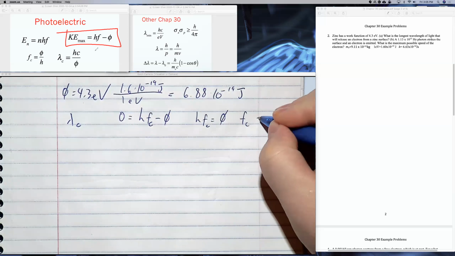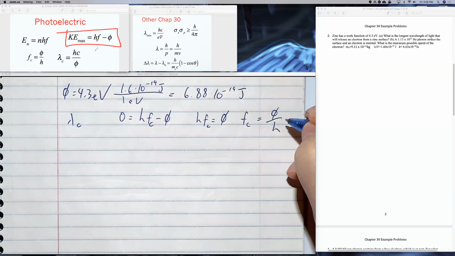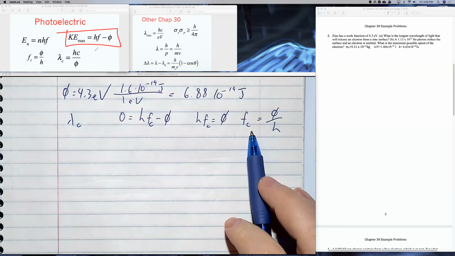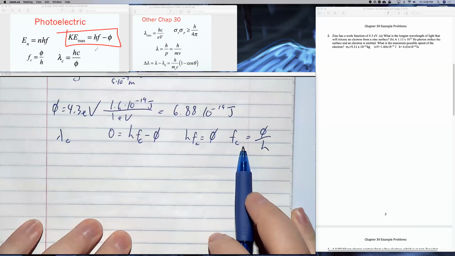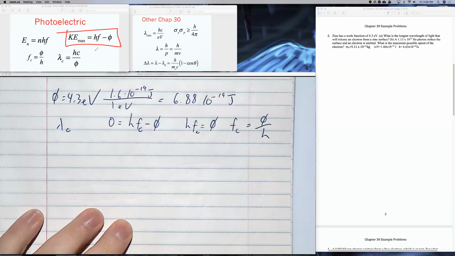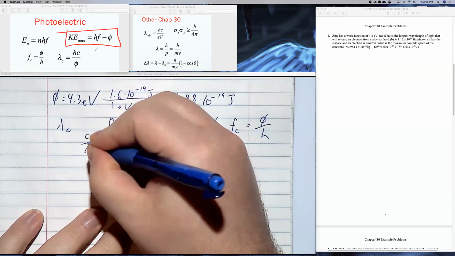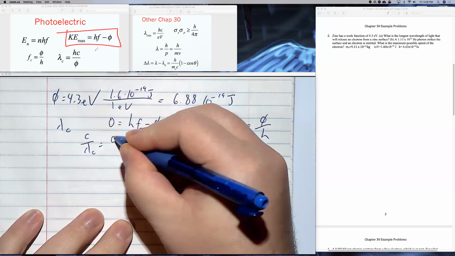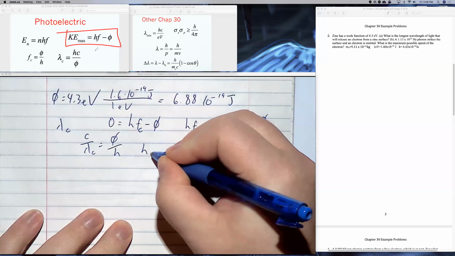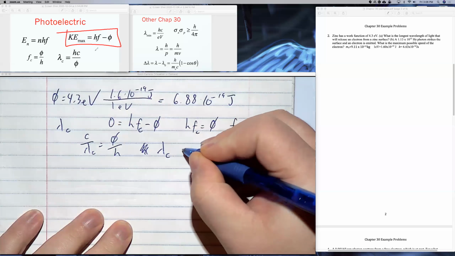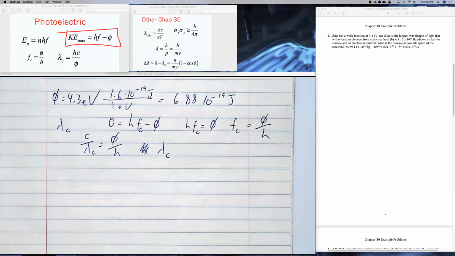So critical frequency is work function over h. And using the same logic we did last problem, we can say f equals c over lambda, which will give us c over lambda critical equals phi over h, which will rearrange to give the equation that I had boxed, I unboxed.